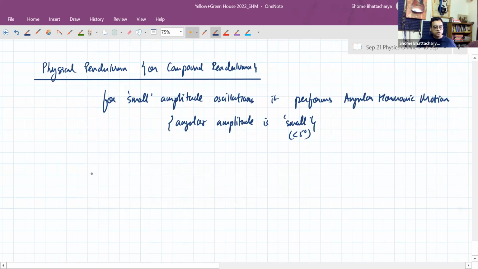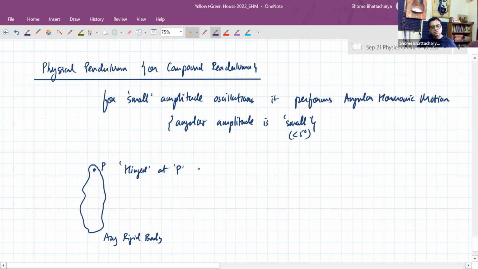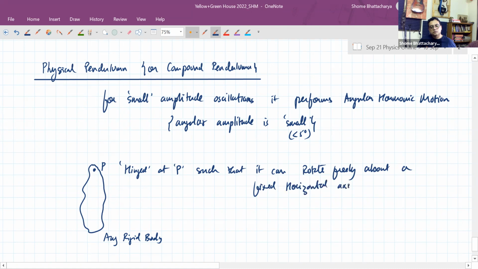So basically, a physical pendulum or compound pendulum can be made by any rigid body, which is hinged at P, such that it can rotate freely about a fixed horizontal axis at the point P. So it can rotate freely about this kind of an axis.